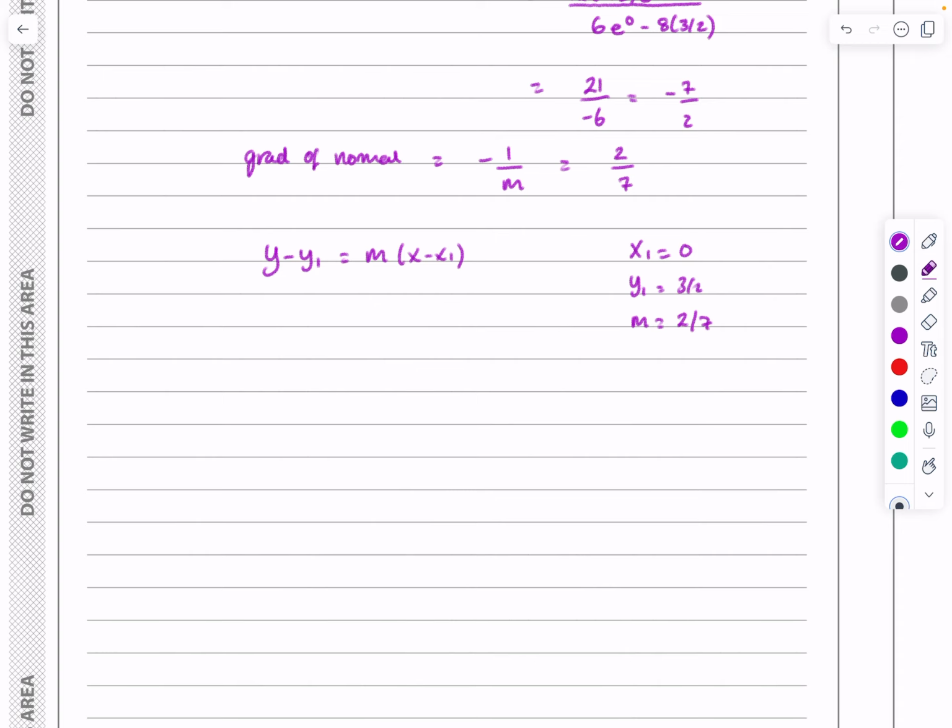So even if I've made any mistakes, the examiner can perhaps give me some method marks by seeing what I'm doing. And I'm less likely to make a mistake with this last part if I write it all down quite clearly. Take a time to stop, check everything, go back, and make sure you're happy before you finish this question off. So y minus 3 over 2 is equal to 2/7 x minus 0.